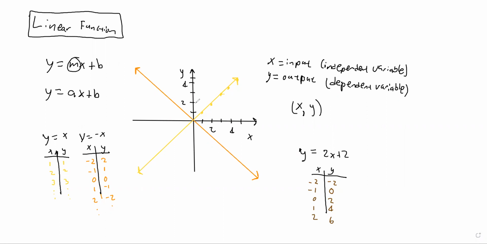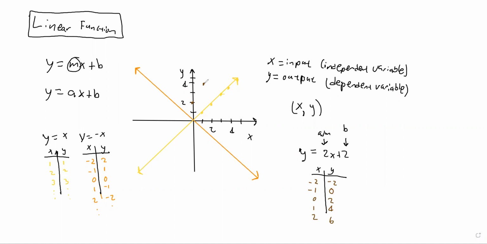So remember, B is the y-intercept. This is B. In fact, let me just write that in. This is B. And this is A or M. And then, of course, these are X and Y respectively. So B is the y-intercept. Recall that B is the y-intercept. So you got 2 here.